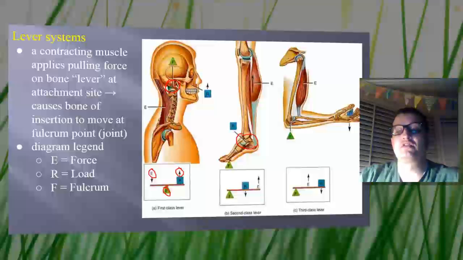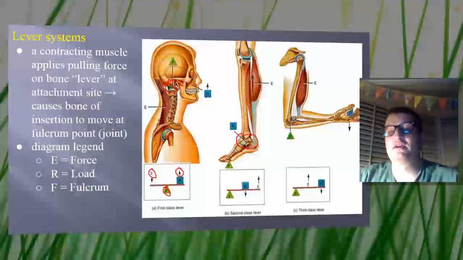Third class levers are not very efficient, because the load lies outside of the force. However, as the load moves in closer to the fulcrum, it becomes much easier to lift relative to the fulcrum.